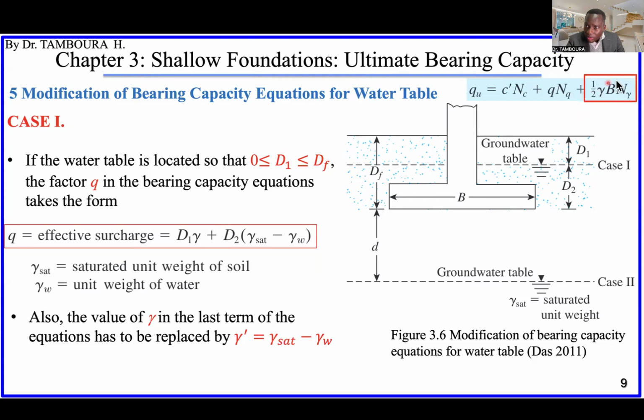This part is what we are talking about here, for you to see it clearly. So the gamma here has to also be changed. You should replace it by the same gamma sat minus gamma w.